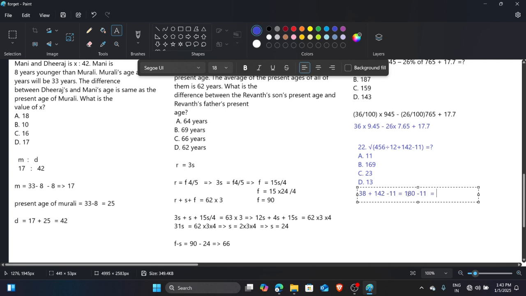So when you make it, 10 minus 1 is 9, and 6 and 1. When you take the root of it, the answer is 16, no, sorry, 13. Okay, this is the answer of this question.